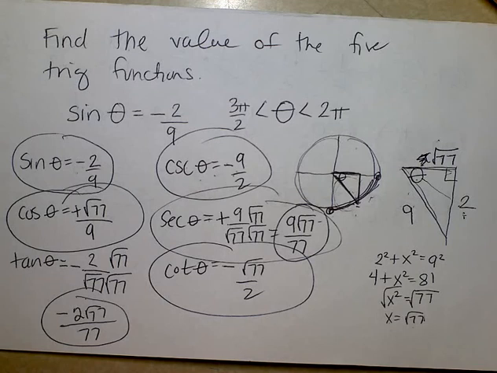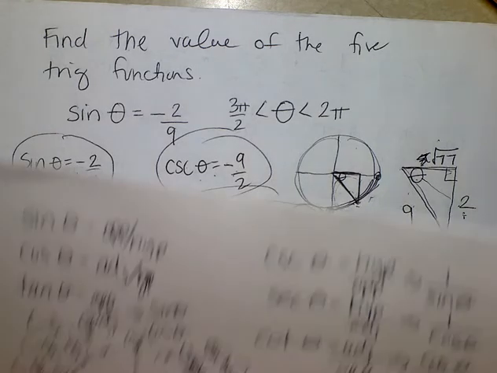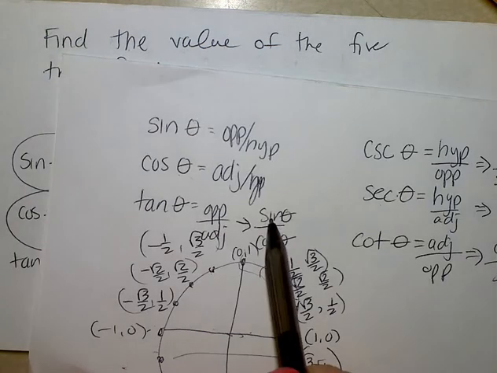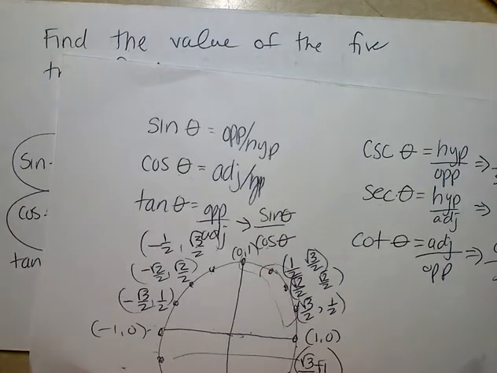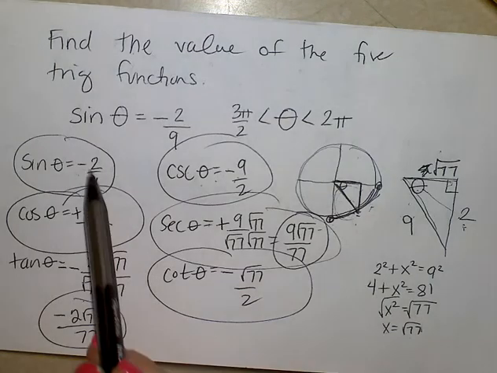Please make sure you have all the notes so you understand how to do that for your quiz. Yes, Rodrigo? How did you determine that the bottom ones are negative? How do I determine these are negative? Great question. Okay, please make sure you're quiet so I can explain to Rodrigo. Tangent is going to be sine divided by cosine, right? So what is the sign, positive or negative? It's negative.